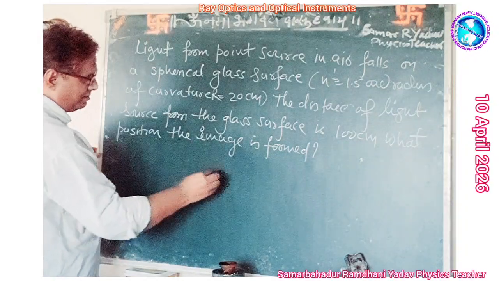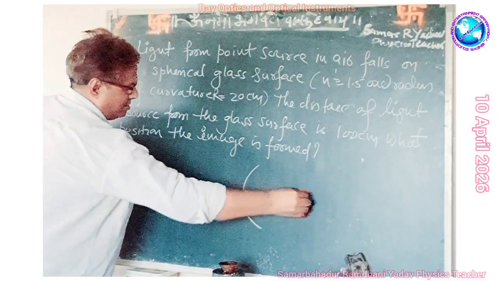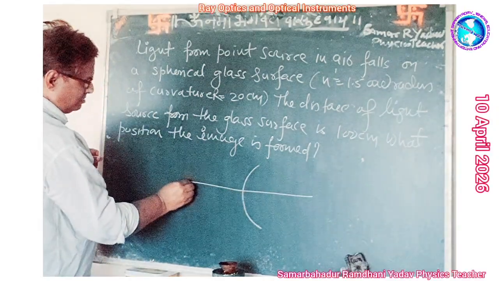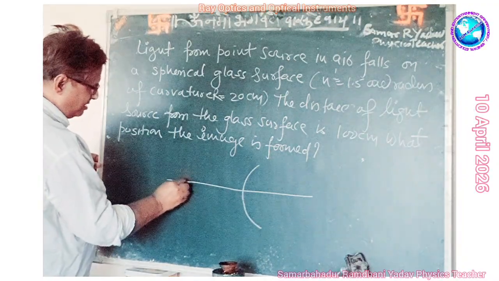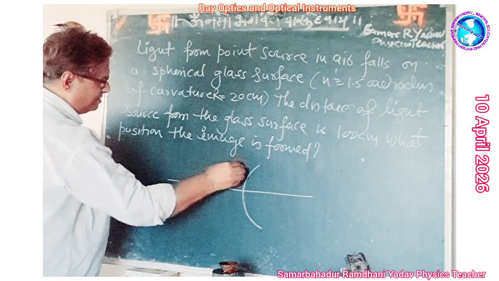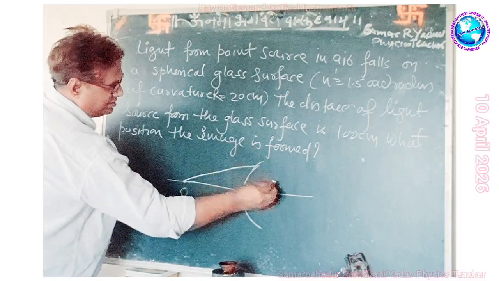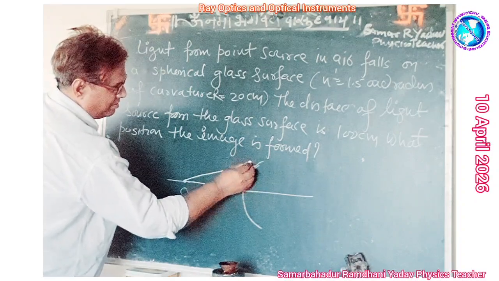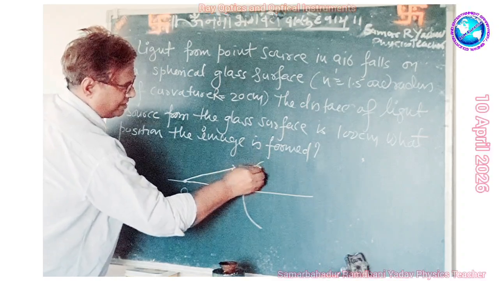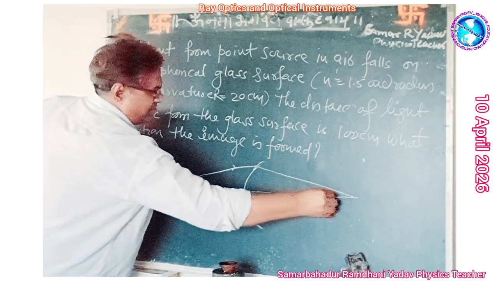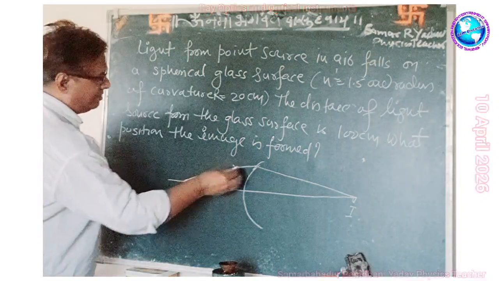Now you can see here, suppose this is a spherical surface, and the light from the point source, suppose here it is, that is O, is incident on this surface and is refracted into this medium, and the image is formed here, that is I. Now here a perpendicular bisector is drawn.